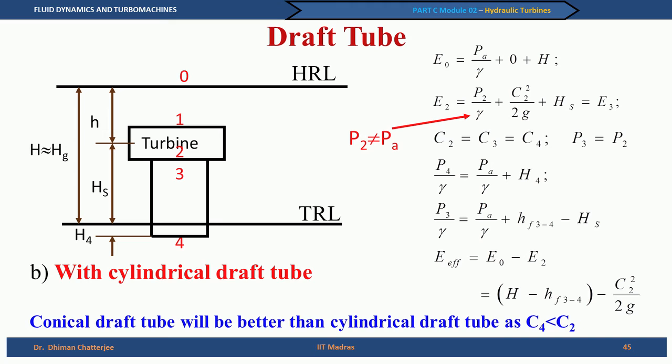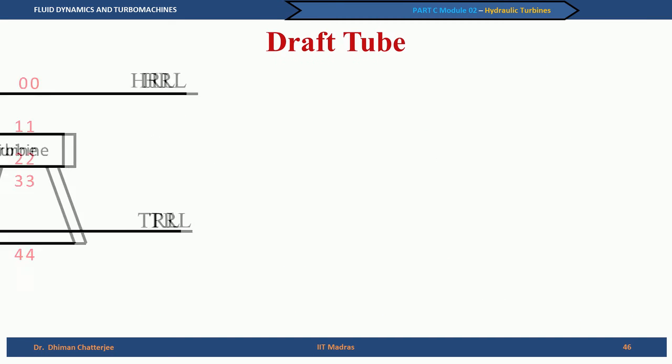But conical draft tubes will be better, because then with a conical draft tube, we can address the question of the exit kinetic energy loss, C2 square by 2g, from the turbine. So, let us look at how a conical type of draft tube works.